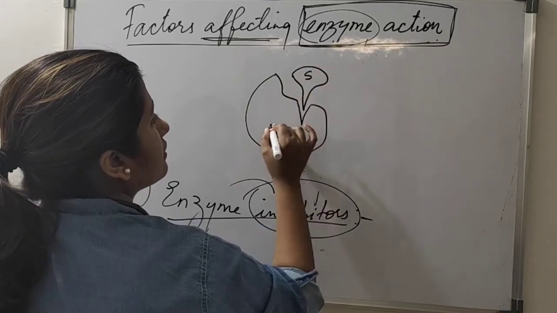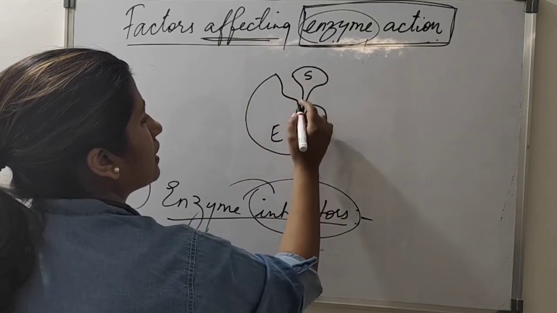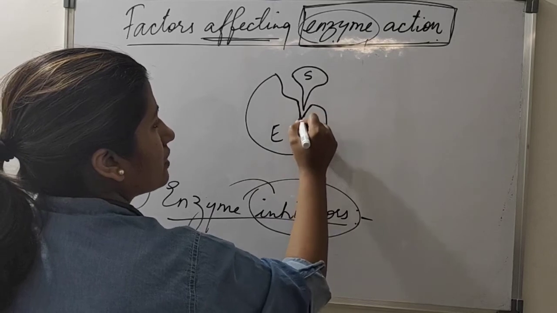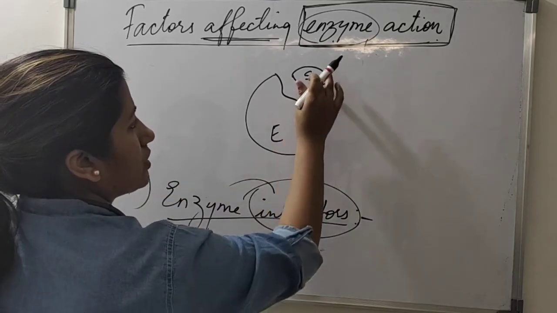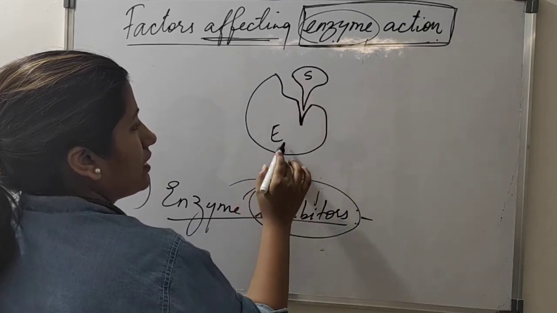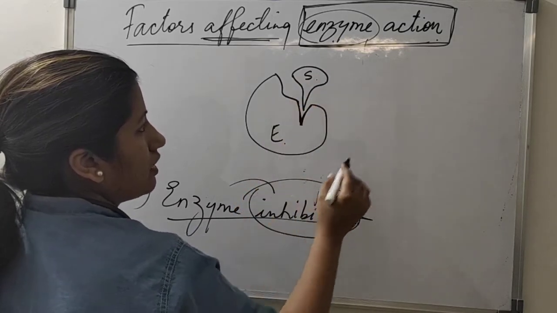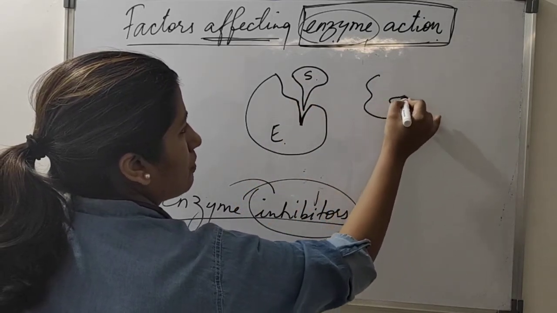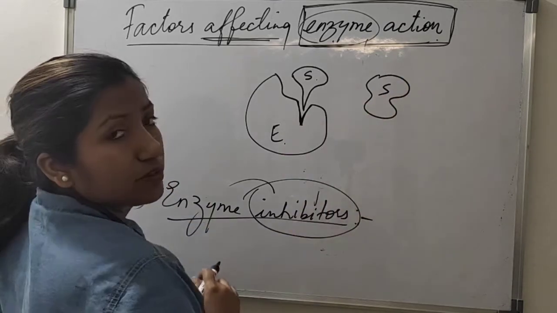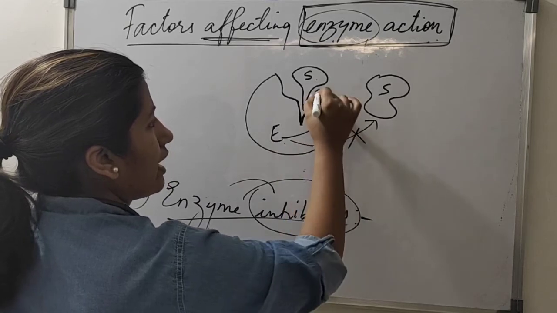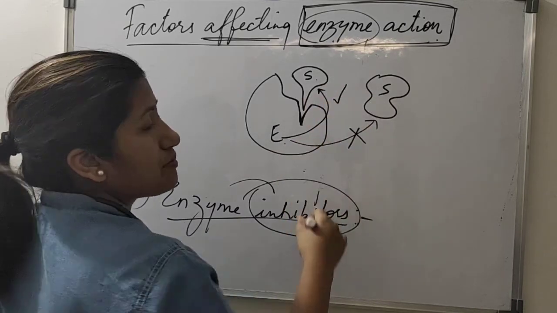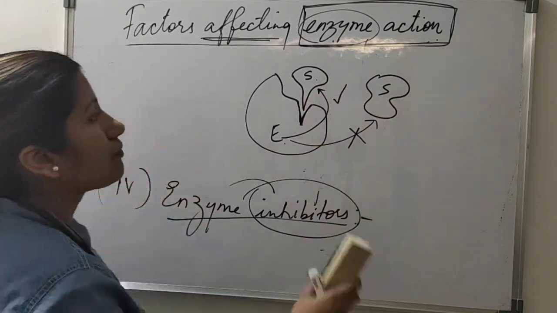This is the substrate, this is the enzyme. When these two get attached, this site is known as the active site, if you remember. So now the substrate will get attached here. The enzyme is very specific to the substrate. If the substrate is of a different shape, it will not fit in here. So the enzyme will act only with this substrate. Enzymes are very specific in nature, as we have learned.